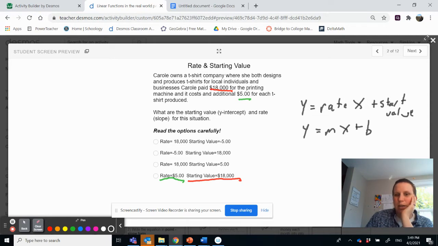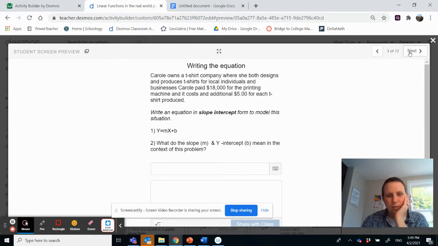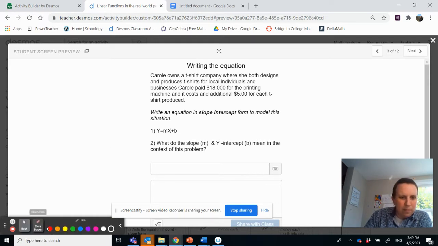So now on the next screen, we'll write our equation. So we've already determined our rate and our start value. Remember that the m in the equation is the rate.